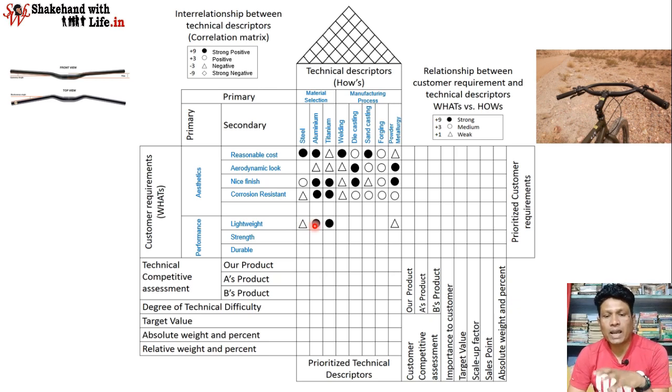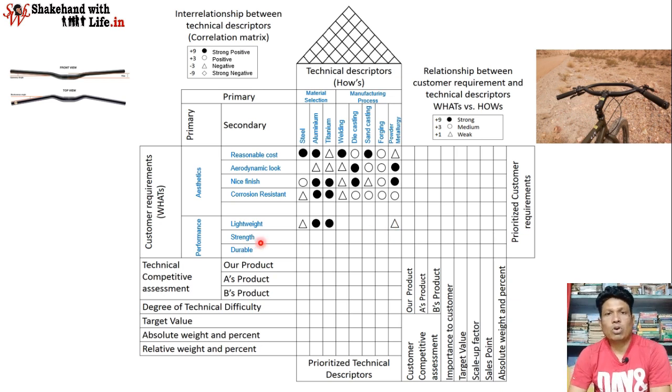Therefore, we have a strong relationship with lightweight for aluminum and titanium. But there is no relationship with manufacturing processes like welding, die casting, sand casting and forging, but it has a weak relationship with powder metallurgy. That means using powder metallurgy, we can manufacture a lightweight handlebar stem somehow.